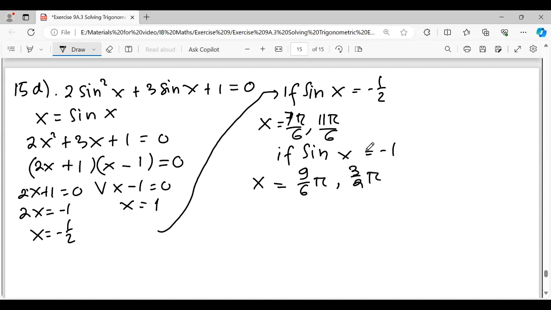You may check these values on the circle diagram. So x are 7/6 pi, 3 pi half, or 11/6 pi.